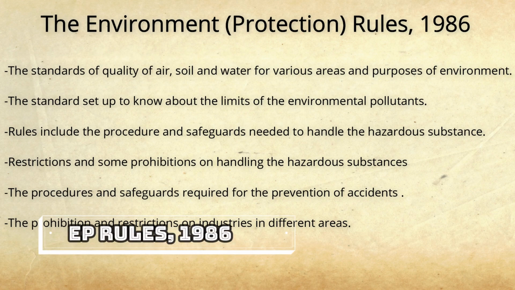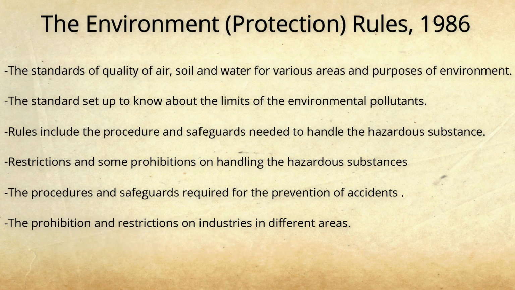Now, the Environmental Protection Act also provides for the Environmental Protection Rules. These rules came into force on 19 November 1986. In general, they provide standards of quality for soil and water for various areas and purposes of the environment. They set standards to know the limits of environmental pollutants.